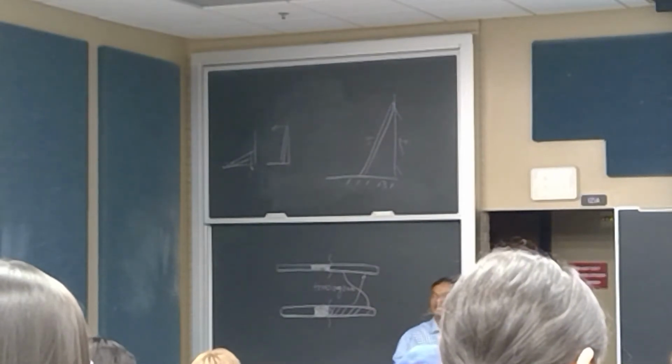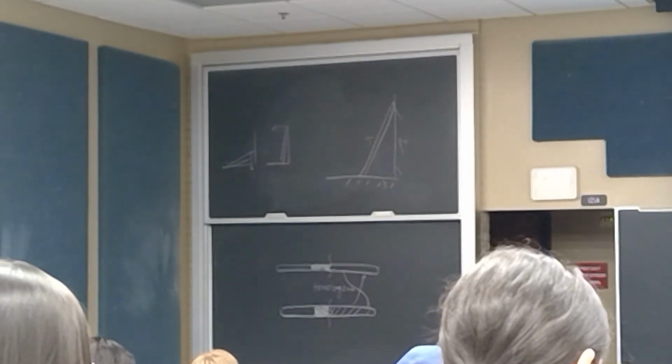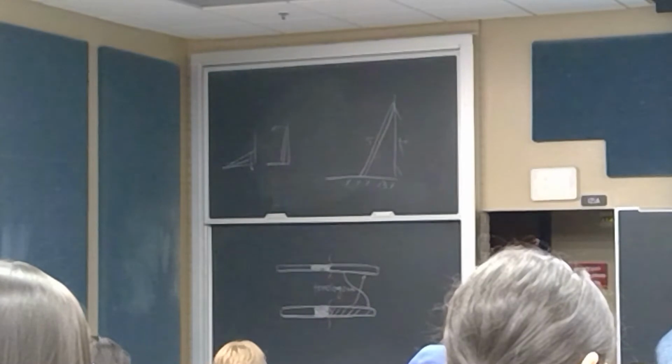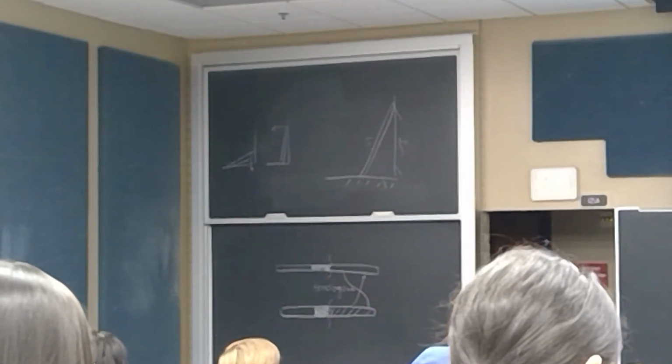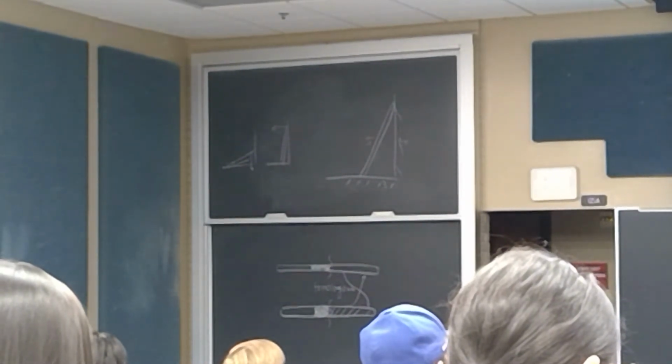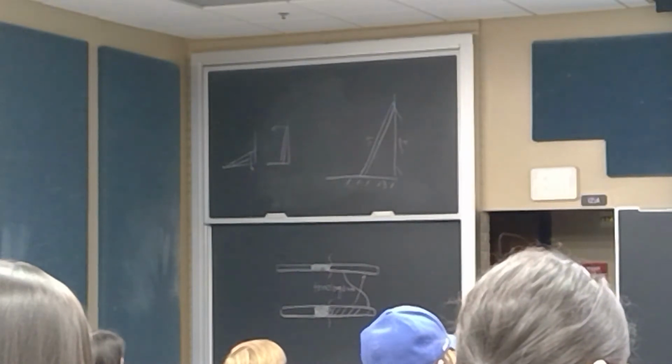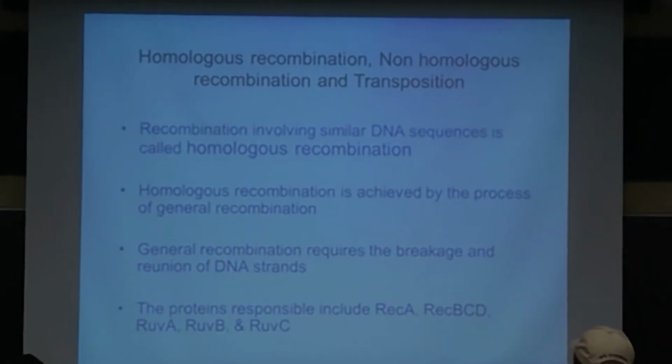That's why it's called Rec: recombination associated protein A. Possibly this protein was first identified, which helps genetic recombination. So people named it RecA. There is RecB, RecC, and these are also involved in recombination.